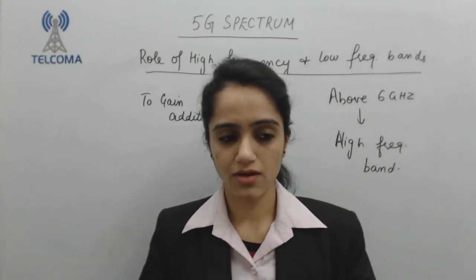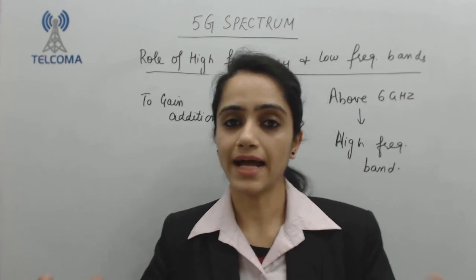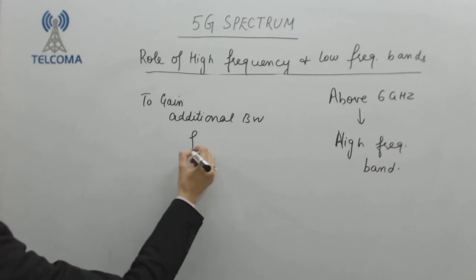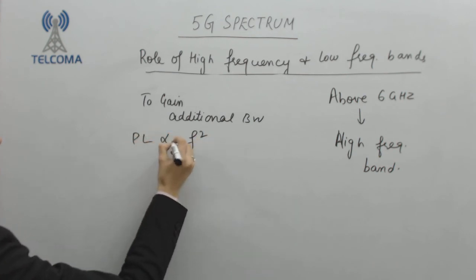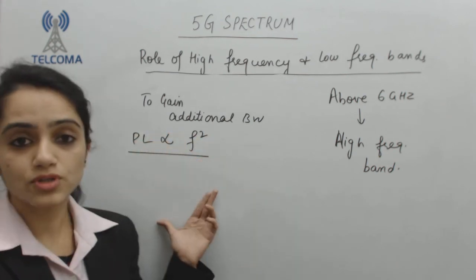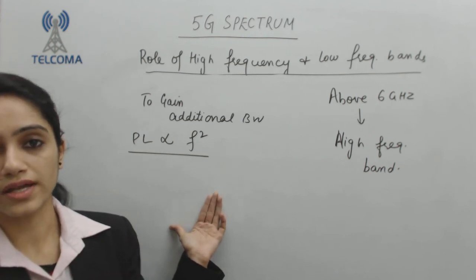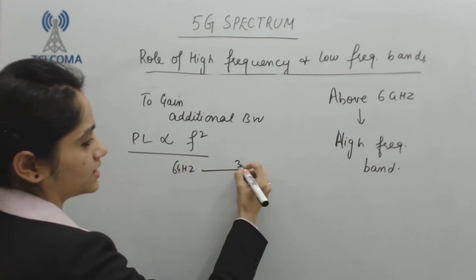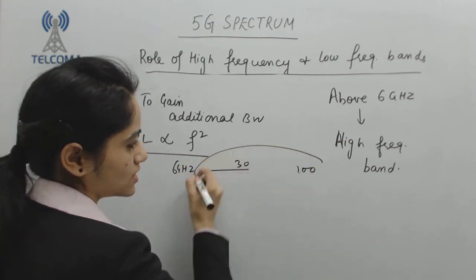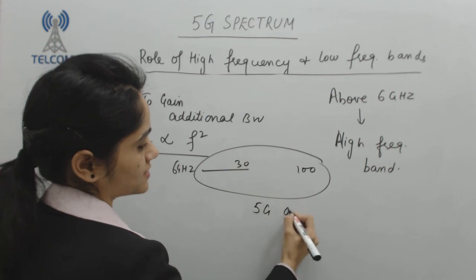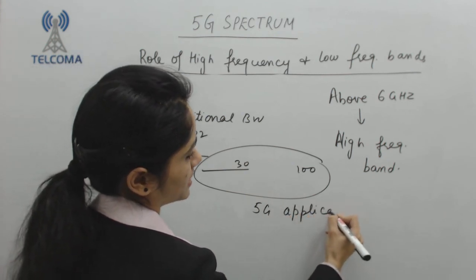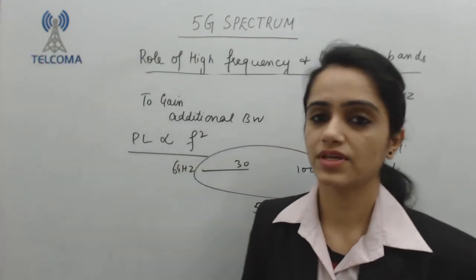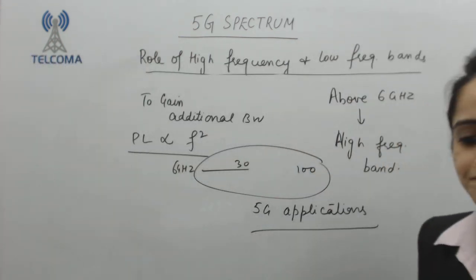That means path loss between transmitter and receiver should be proportional to frequency square. So in this case, my path loss should be proportional to frequency square. Now that means above 6 gigahertz, from 30 or even 100 gigahertz, this could be used for 5G latest applications, which are the demand or the proposed work of the 5th generation.